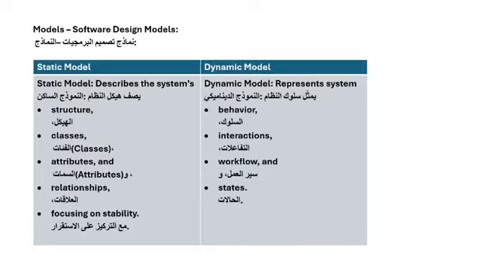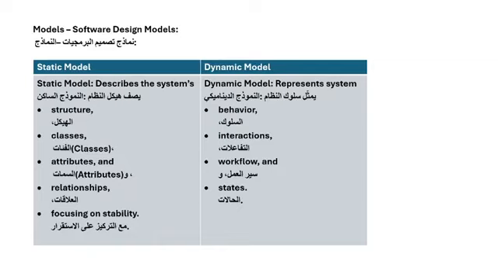There are some software design models. There are two models used in software design. One is called the static model and then the dynamic model. Now, as I told you earlier, this chapter has two parts, part one and part two.